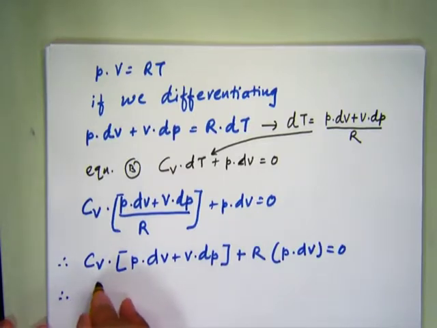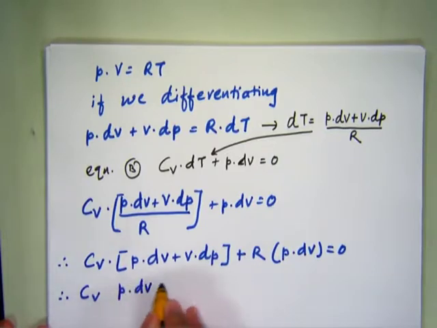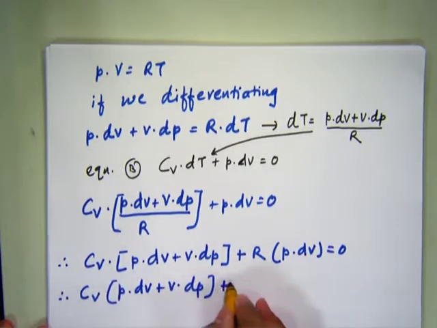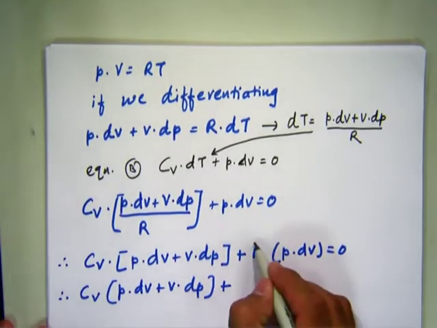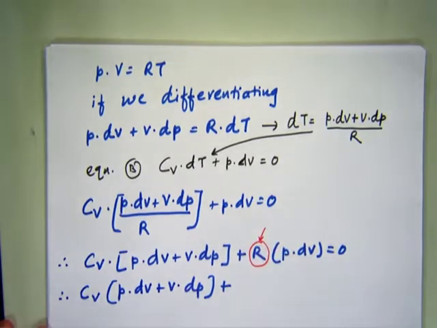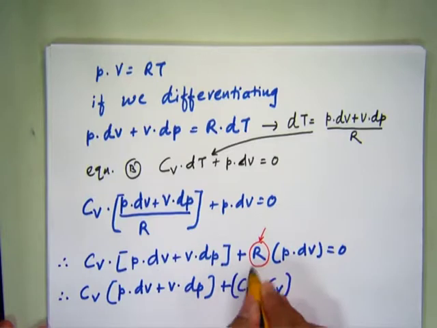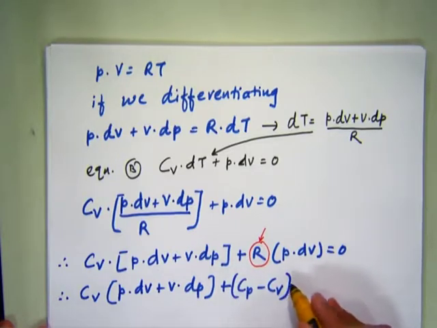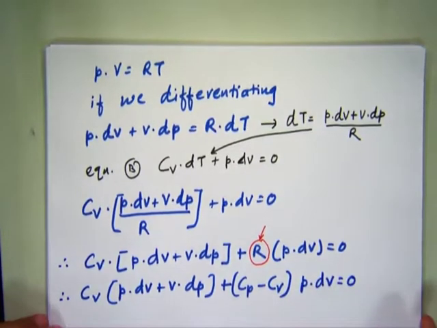Therefore, Cv into (P dV plus V dP) plus, what? You have to put the value of R here, that is Cp minus Cv. Instead of R, we are putting Cp minus Cv into P dV is equal to 0.